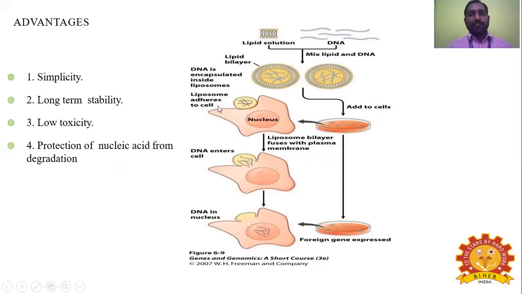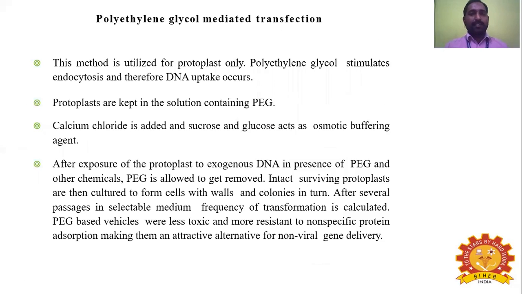The liposomes will try to adhere to the host cells, and once adhered, they contact the membrane, and through the membrane they enter the cytoplasm, and through the cytoplasm they reach the nucleus, and there they interact, and finally it becomes the transformed cell.